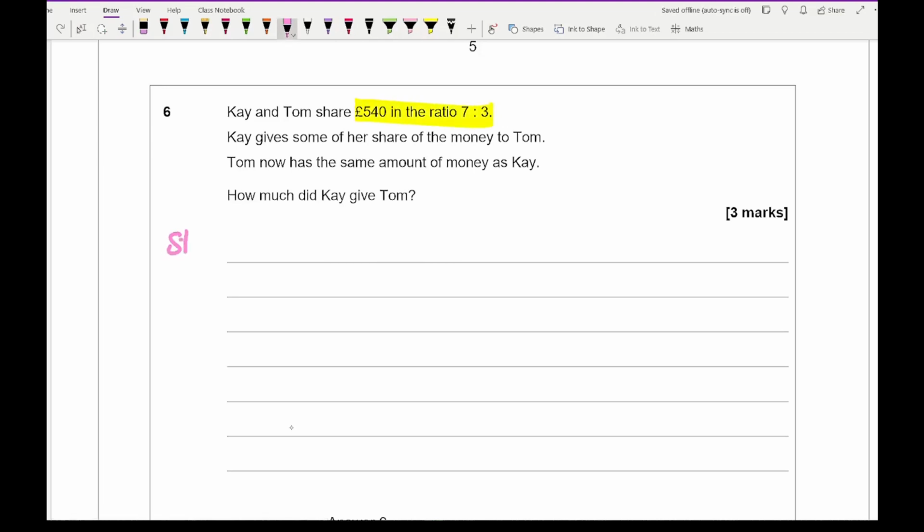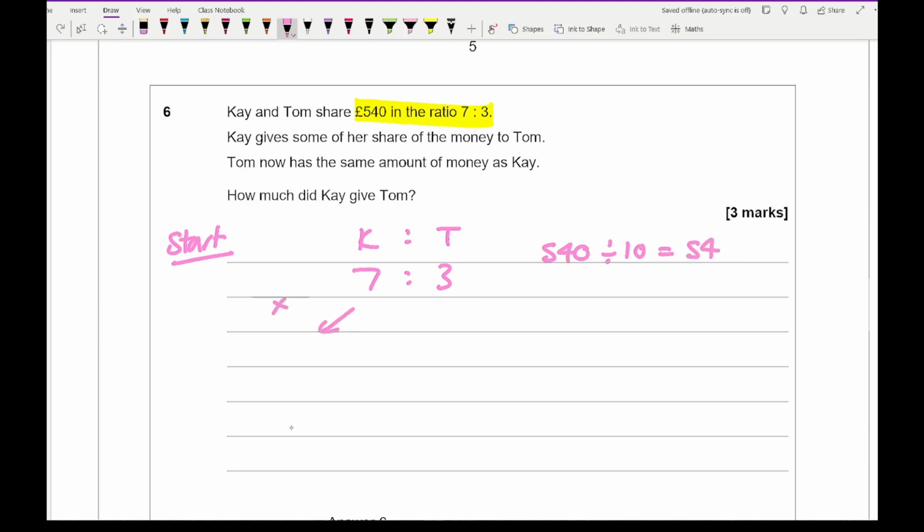So at the start, we've got Kay and we've got Tom in the ratio of 7 to 3. So we do 540 divided by the total number of parts, which is 10, which is 54.